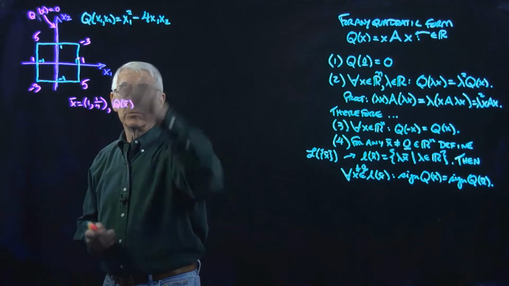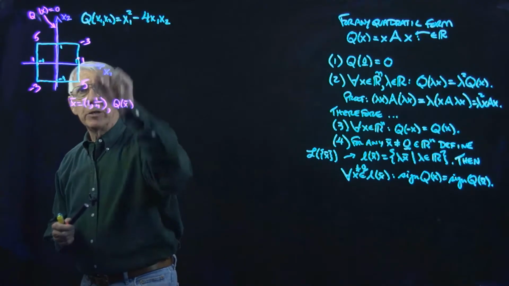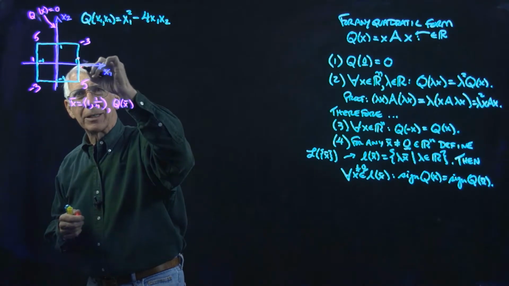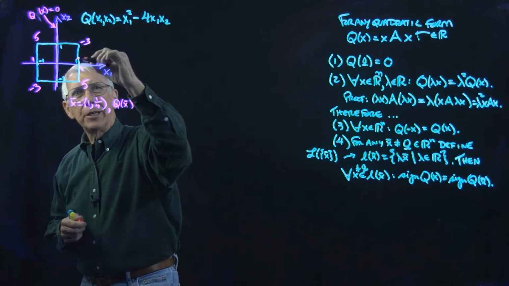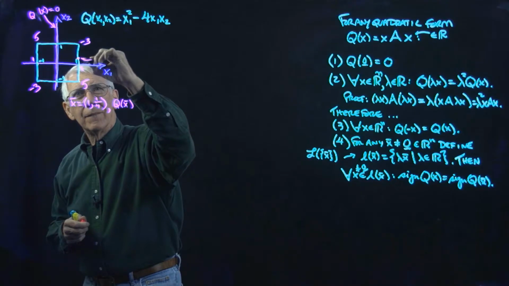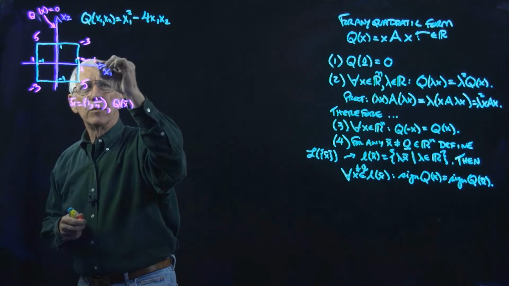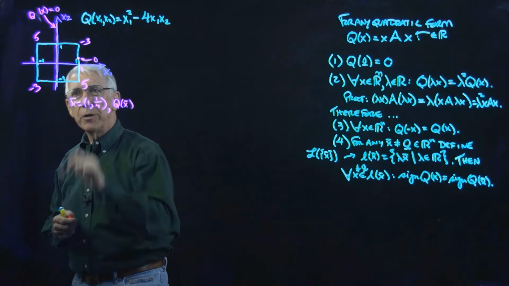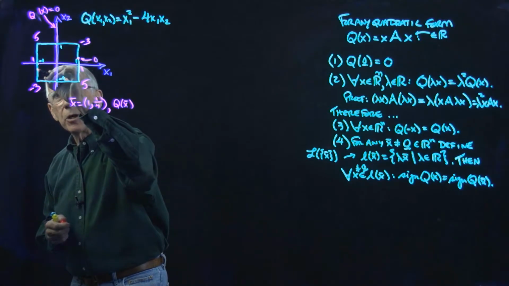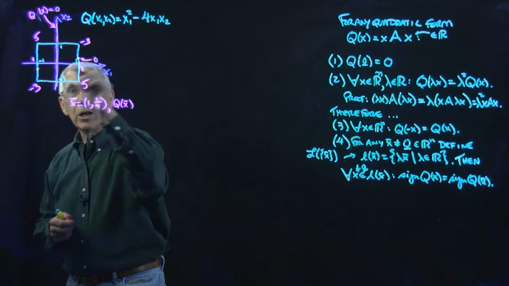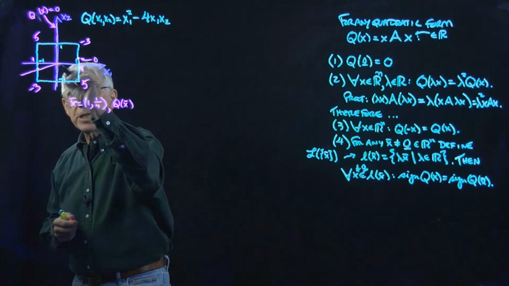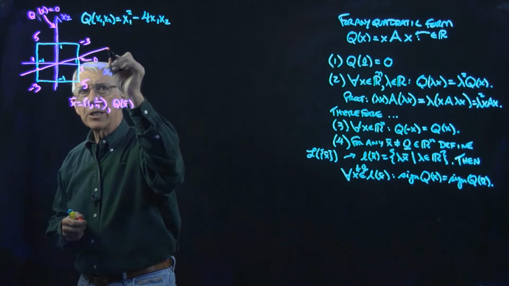So this is 0. So the value, this is probably not good. Let's put this value down here just to make it clearer. The value here is 0. Just like the value along here is 0, the value here is 0, and therefore the value here is 0, and the value everywhere along the line through either one of those points is x bar, like this.